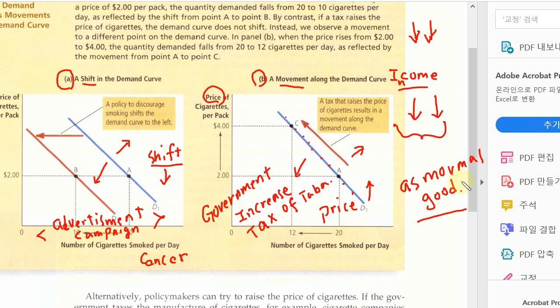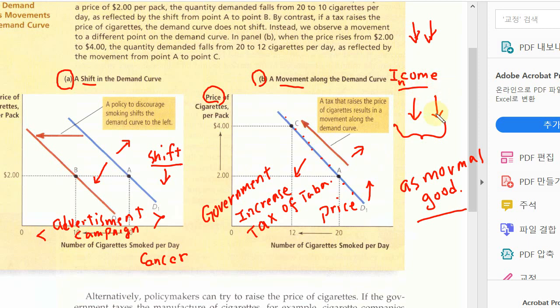Okay, normal good. The meaning of a normal good is the goods which is influenced by factors. This is a normal good. Once income increases, demand increases.